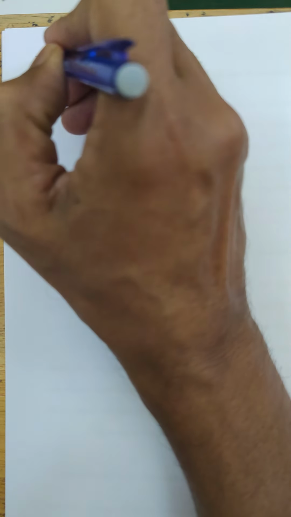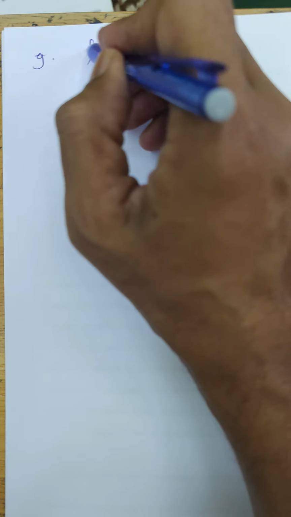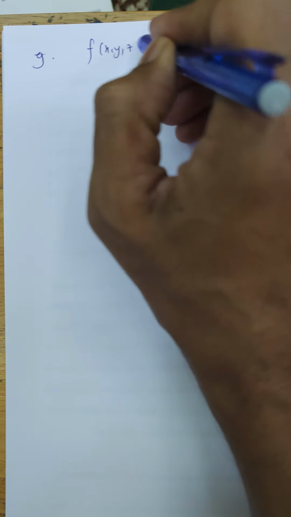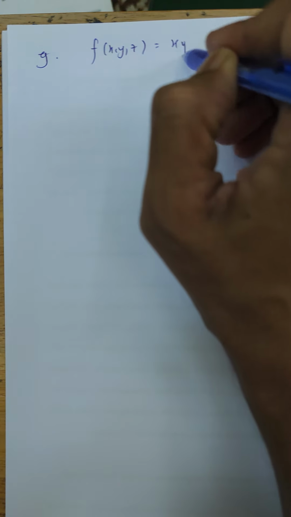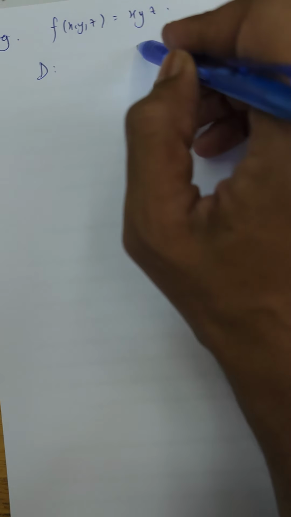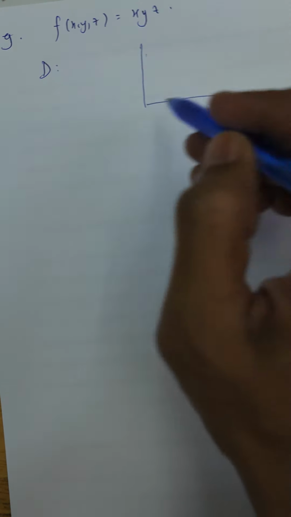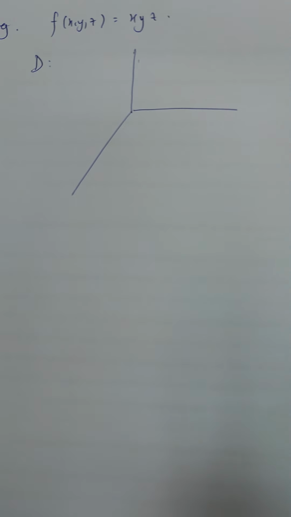Let's say I have another example here, given f of xyz as xyz, and your region D, let's say defined by this diagram.